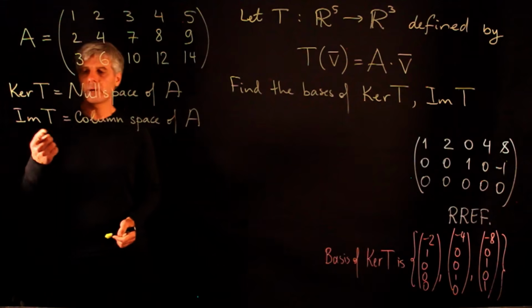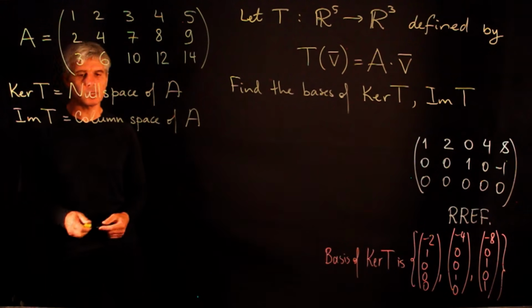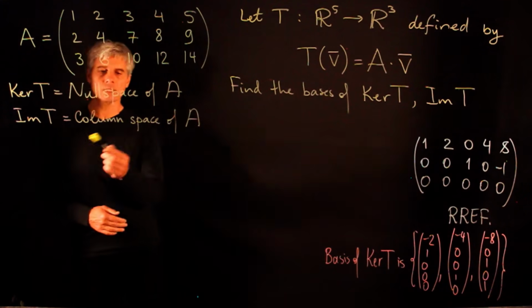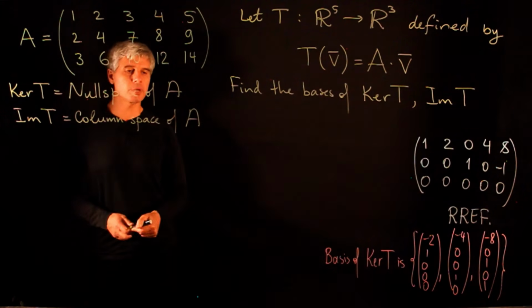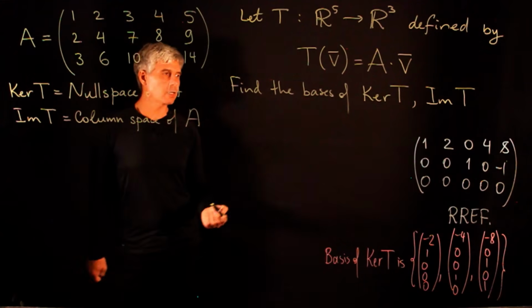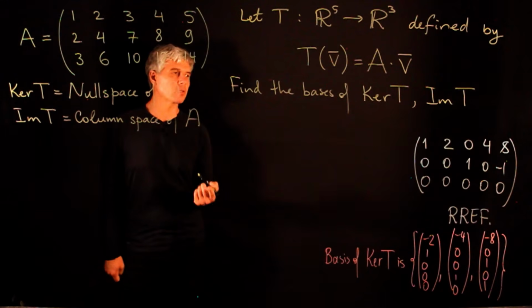Now let us determine the basis of the image of this transformation. We know that this is interpreted as the basis of the column space of A. So let's recall, how do we find the basis of the column space of A?